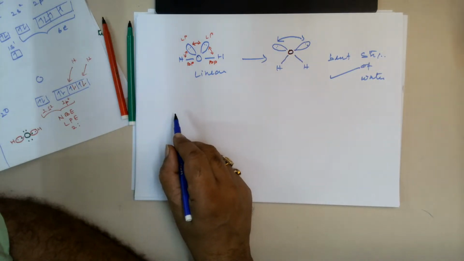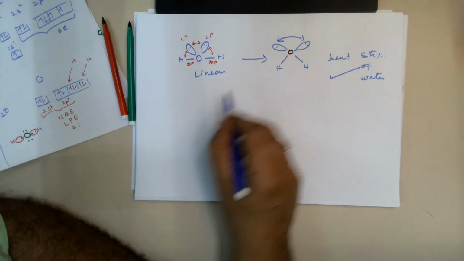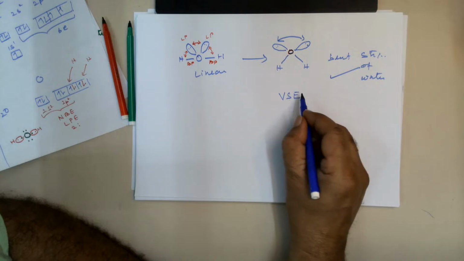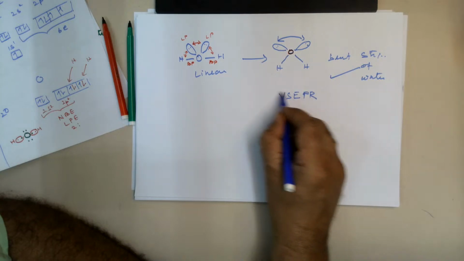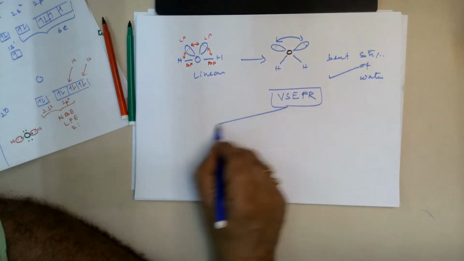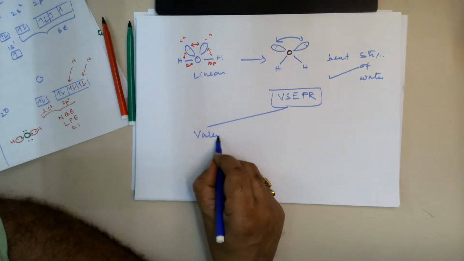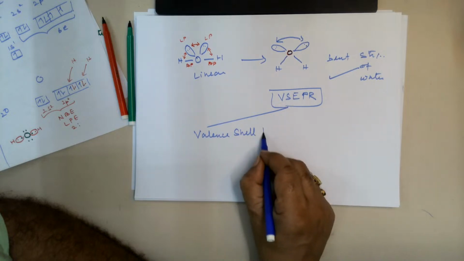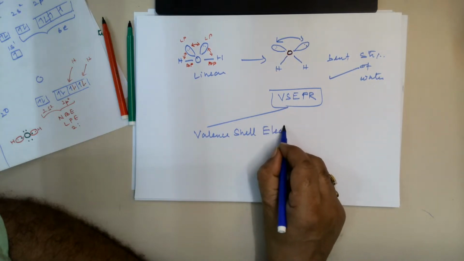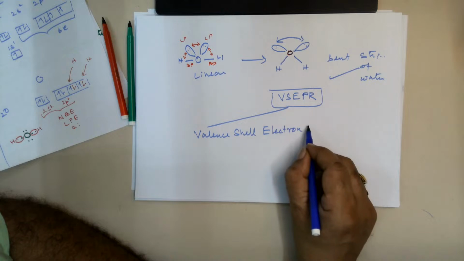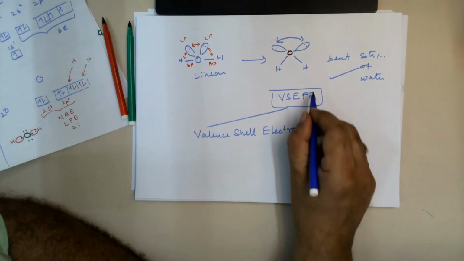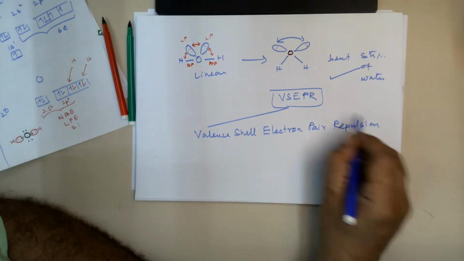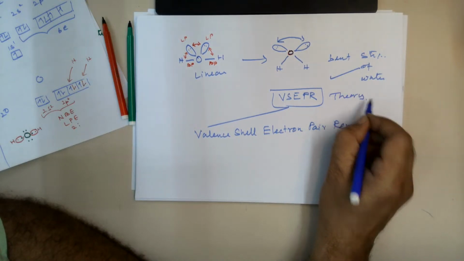Now this concept is known as VSEPR theory. Take down: valence shell electron pair repulsion theory. Do you understand this?